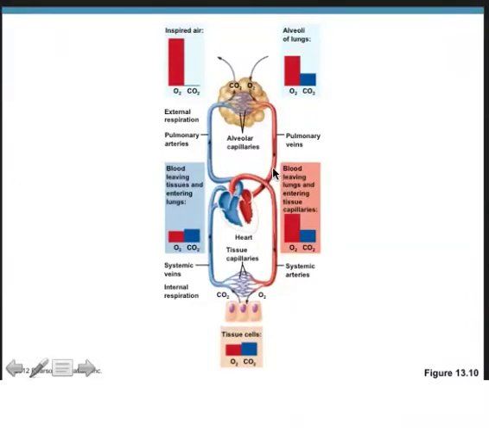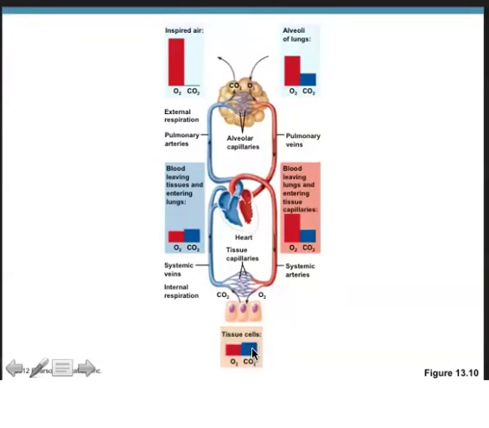What happens now is that as we return to the heart, that oxygen-rich blood is going to be pumped out of the left ventricle into the aorta, and from the aorta we're going to basically be moved through the entire body. And what will happen when we get to the active tissues is that we'll see an unloading of oxygen into the tissues and a loading of carbon dioxide.